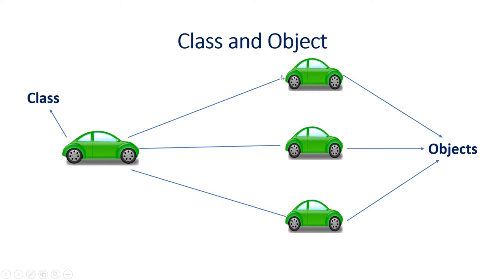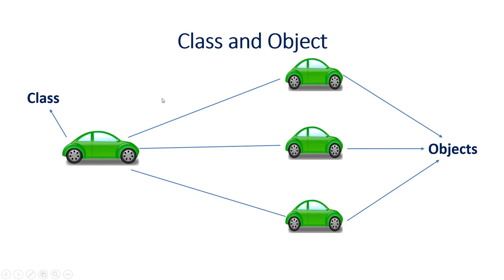So in object-oriented programming, we first make a structure which is called a class, and then we make objects of that class. Objects have physical existence and they can perform some functions, but a class does not perform any function and does not have any physical existence.